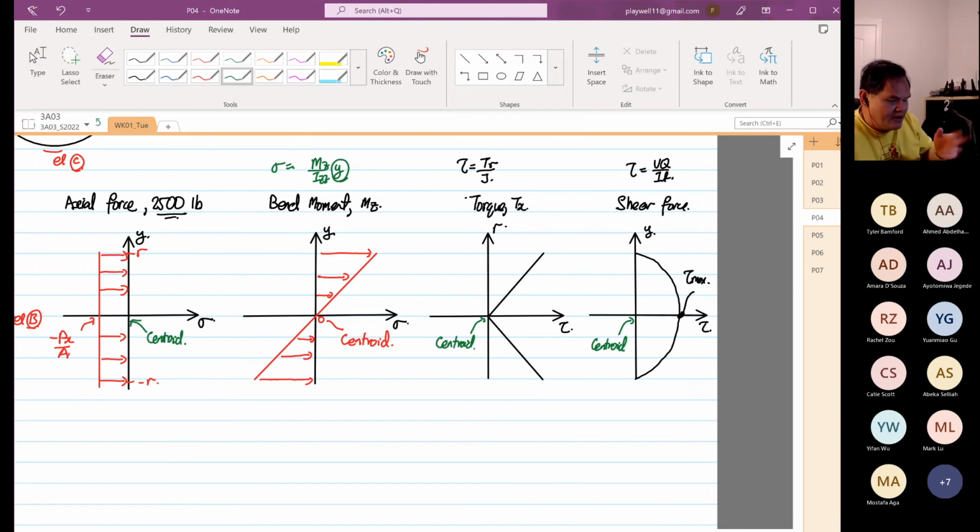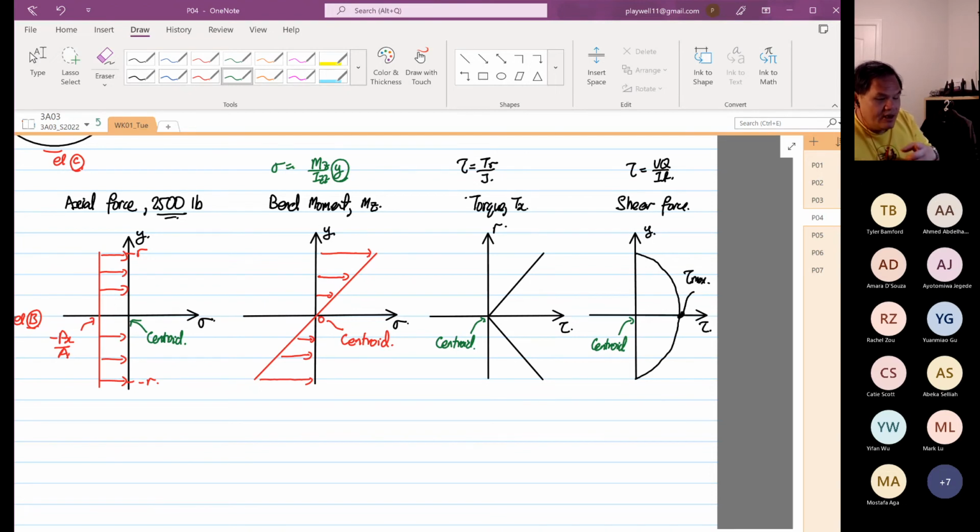So for bending moment, at the centroid the normal stress is equal to 0. Now you look at the torque, somehow it's kind of good news because the centroid has 0 stress. Further away, when the radius is bigger, you have higher shearing stress.